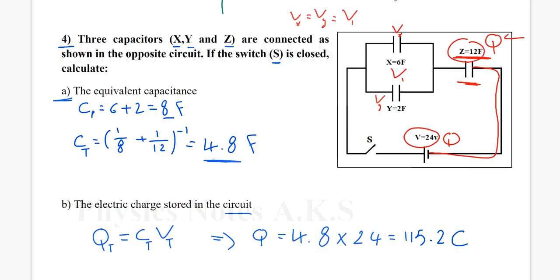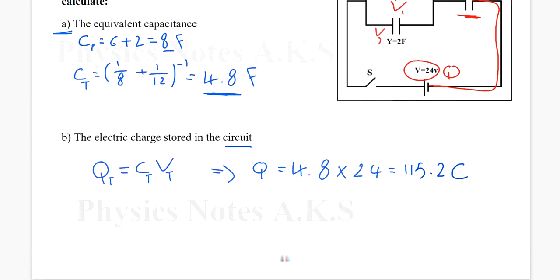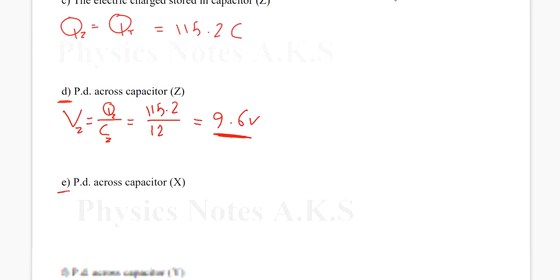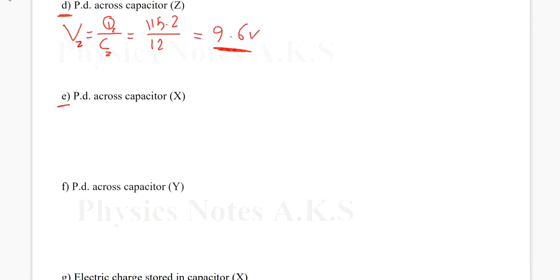Why is that? Because basically, guys, the Z capacitance is connected in series with the parallel combination. So let me write: the voltage of the battery will be VZ plus V parallel.